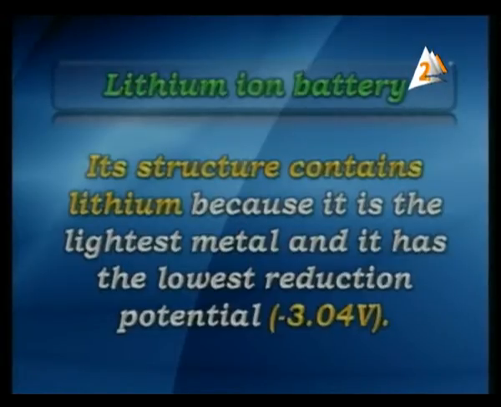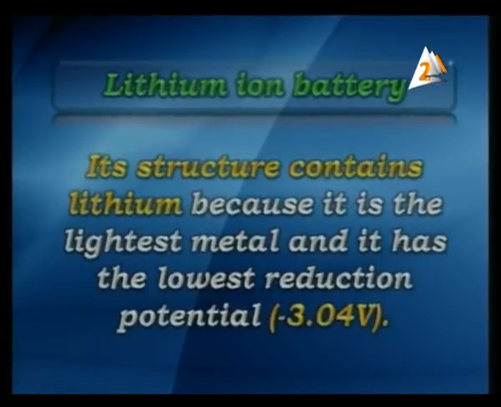All of them are from lithium because it's the lightest metal. We know it's Li, atomic number 3, so the outer energy level contains 1 electron. So directly you say lightest metal, and it has low reduction potential.